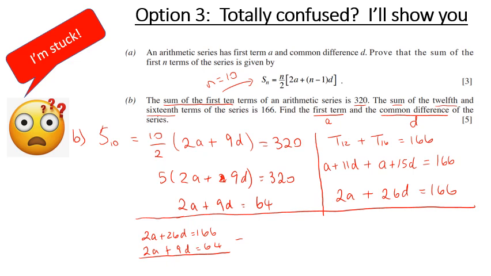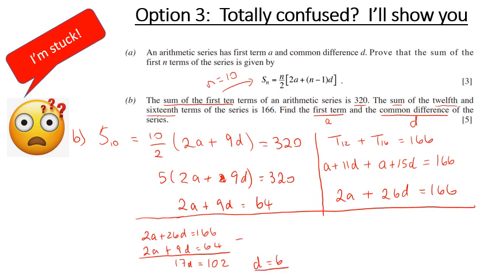So 26 take away 9 is 17. 166 take away 64 is 102. So if I do 102 divided by 17, it gives me an answer of 6. So d turns out to be 6.